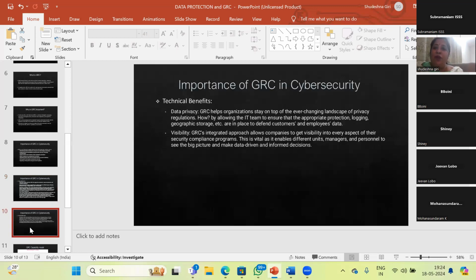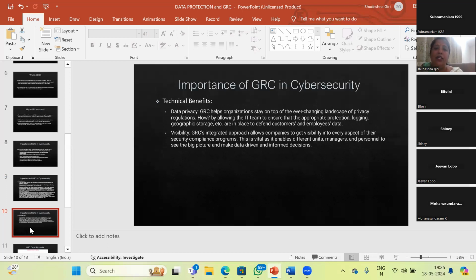Now we talked about data privacy. GRC helps organizations stay on top of the ever-changing landscape of privacy regulation. There are a lot of privacy regulations coming up. GRC helps in abiding by these privacy acts or regulations by allowing the IT team to ensure that the appropriate protection, logging, geographic storage, etc., are in place to defend customer and employee data.